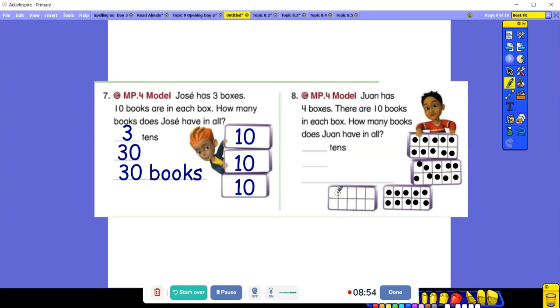My third 10 frame. And my fourth 10 frame.